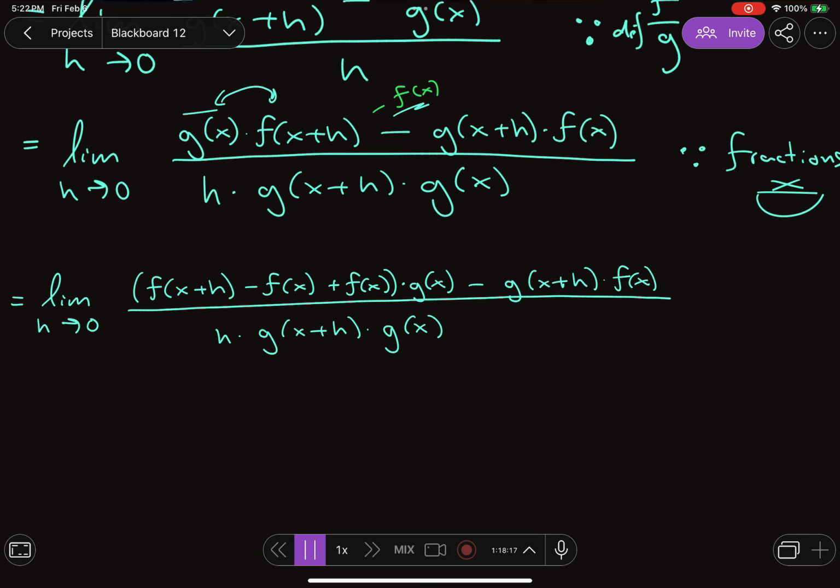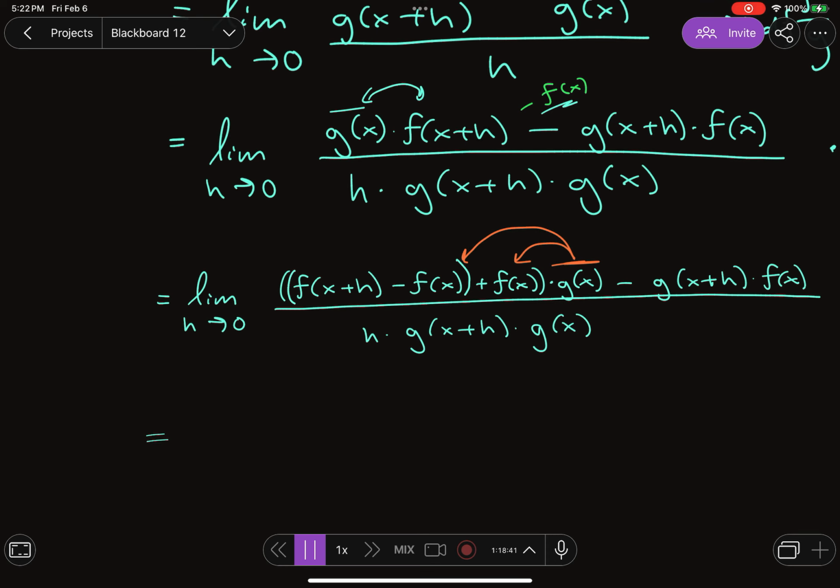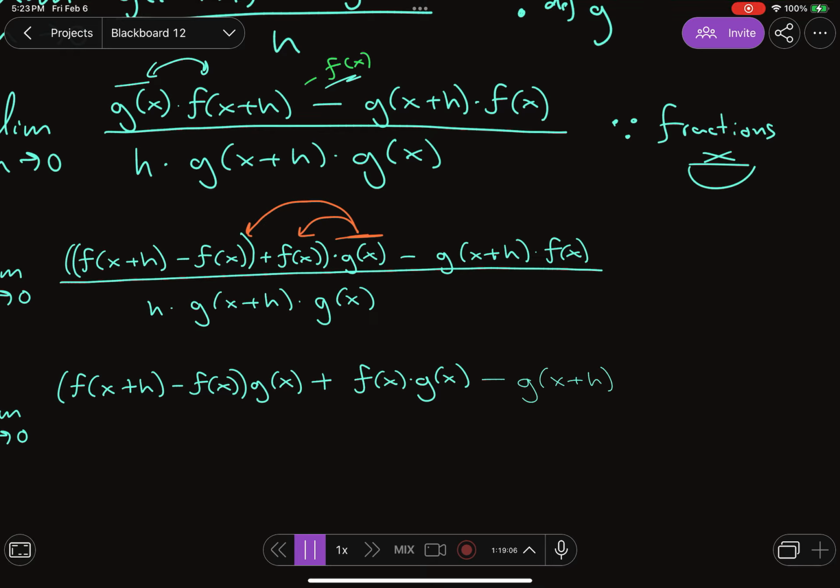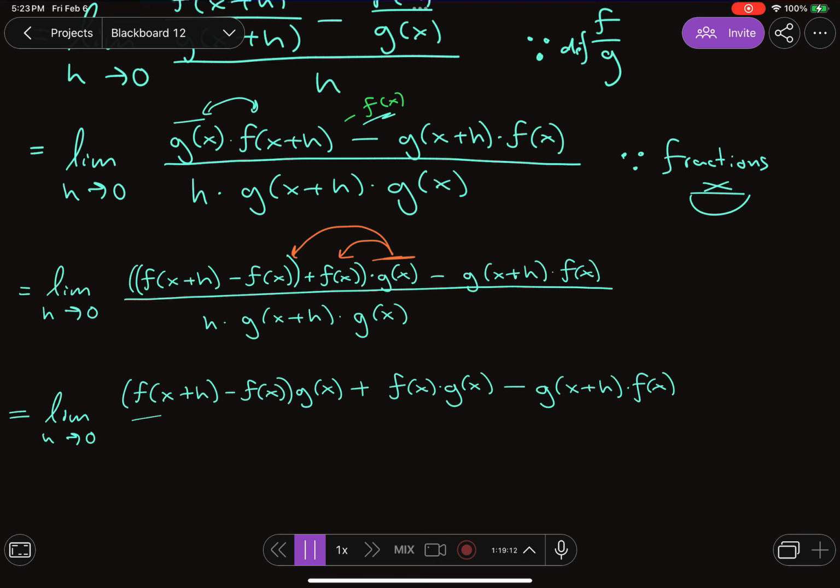So I want to see an f of x plus h minus f of x, and I want that to tag along. So this is the limit as h approaches 0 of, in parentheses, f of x plus h minus f of x, close parentheses, times g of x, plus f of x times g of x, and then minus g of x plus h times f of x. And this is all divided by h times g of x plus h times g of x.